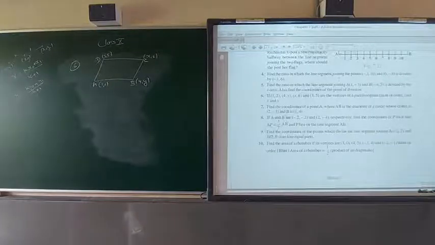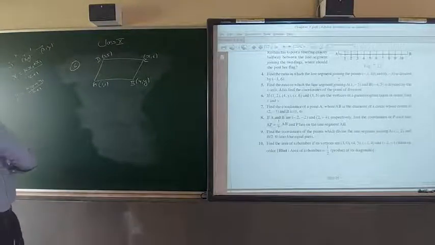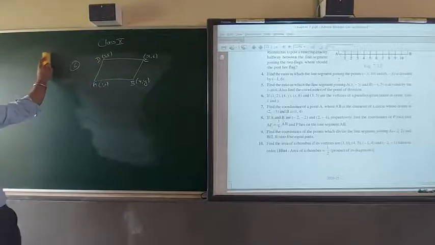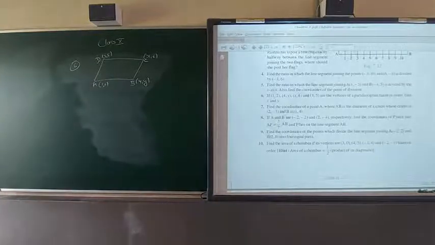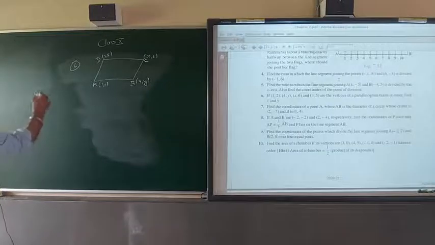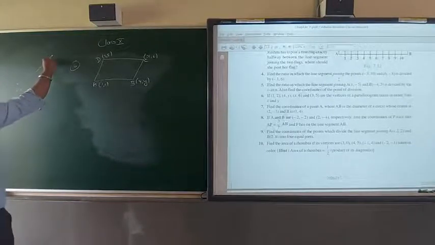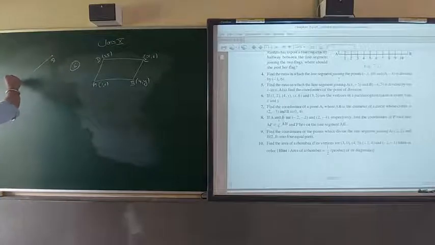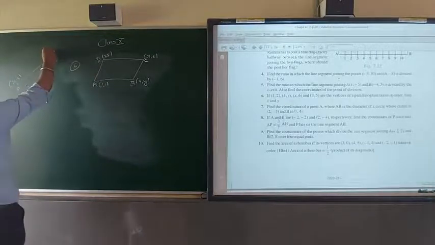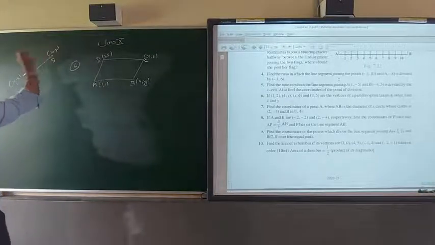Now here we will use the concept of the midpoint formula. What is the concept? Suppose a line AB is given, x1, y1 will be the coordinate of this point, and x2, y2 will be the coordinate of this one.